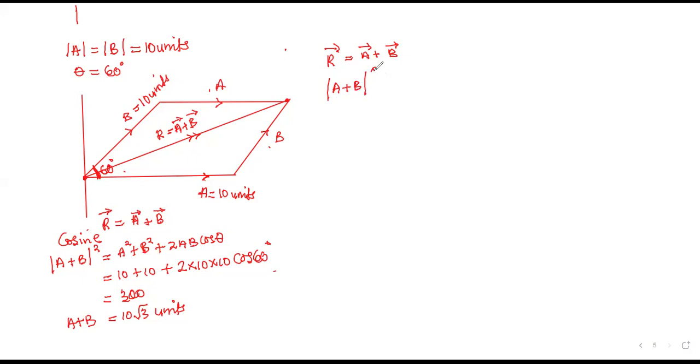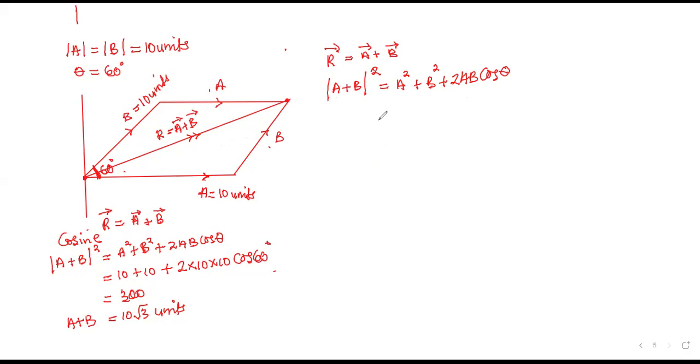cosine rule. And using the cosine rule, we saw that the square of the resultant is equal to the square of one side plus the square of the other side plus 2 times A times B times the cosine of the angle separating the two vectors. This is the cosine rule.